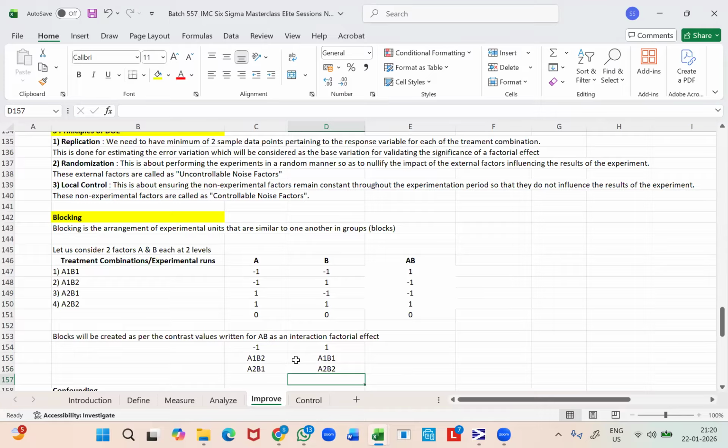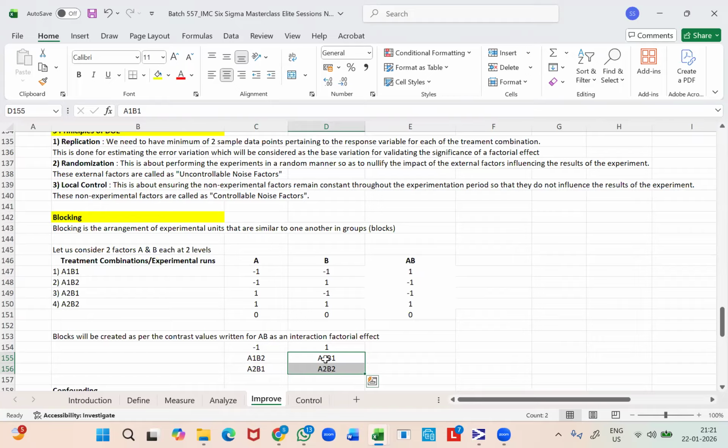So these are the two different blocks that I have created, right? Under minus 1 and under plus 1 for AB as an interaction factorial effect. Since I don't have sufficient quantity of milk in our example, I can use the milk pertaining to a particular lot for conducting the experiments with regard to the two treatment combinations that fall under minus 1, and the milk from a different lot for conducting the experiments under the contrast value plus 1.